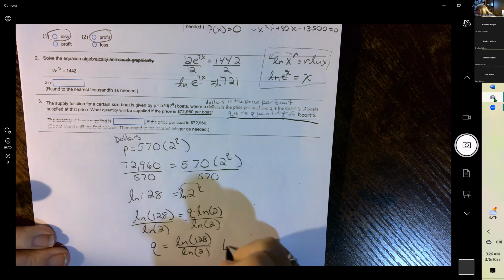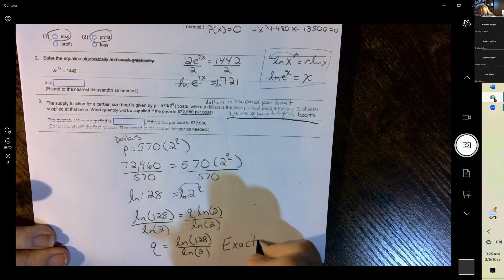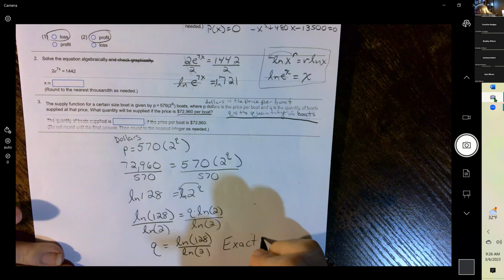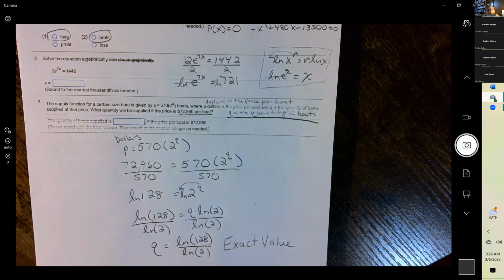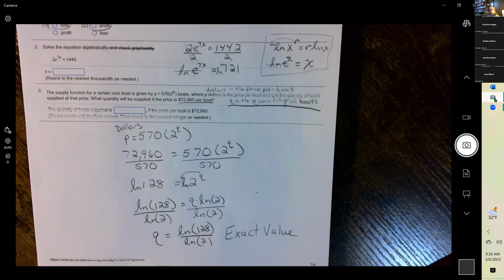This would be our exact value, but since we want the number of boats, we want to plug that into our calculator. Make sure you close your parenthesis on the 128 before you divide by the natural log of 2.